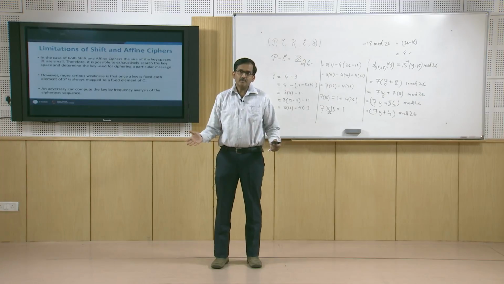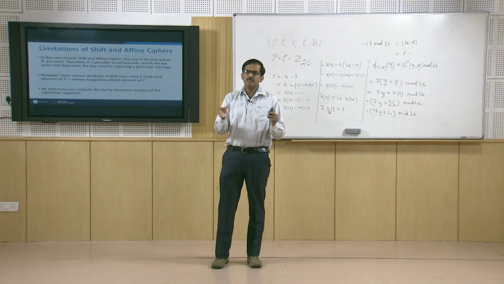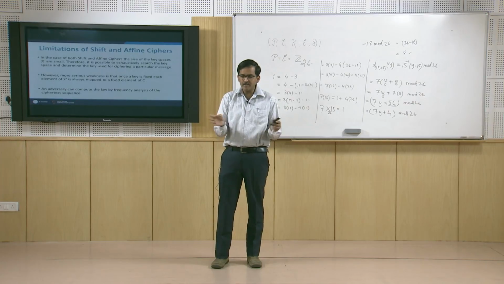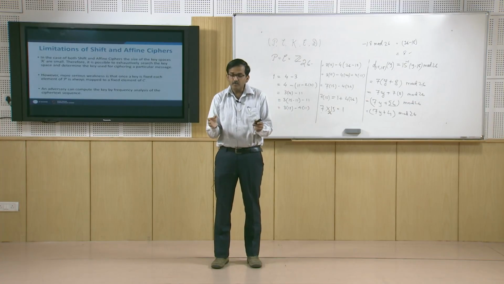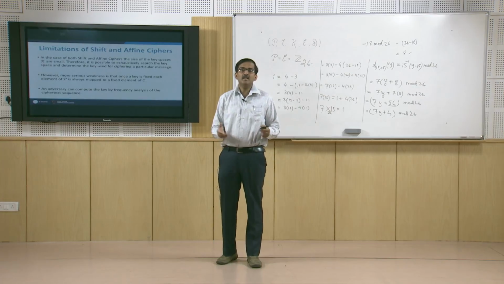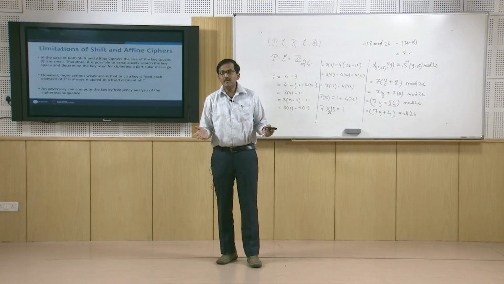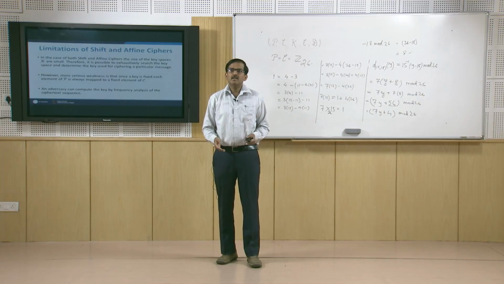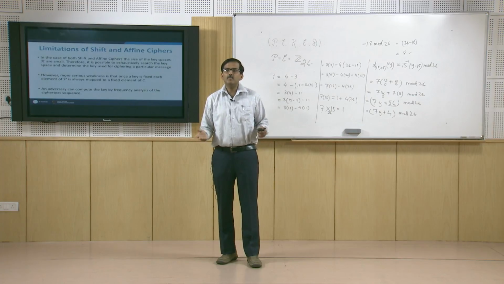Now, that is a problem, because that kind of leaks information and the adversary is sometimes able to guess the letter, because in any language, and in particular English, letters have a specific frequency of occurrence.